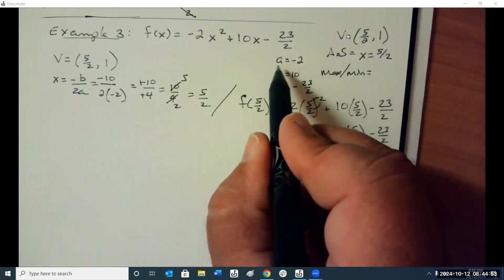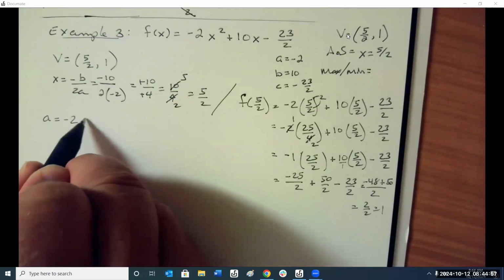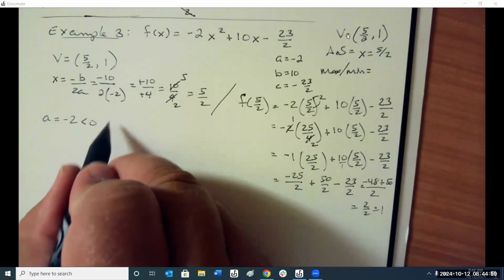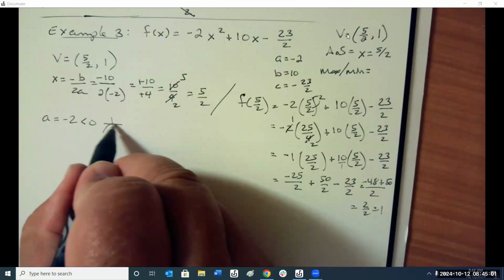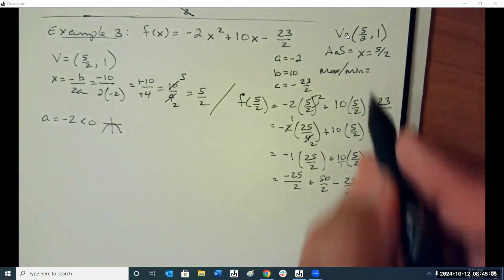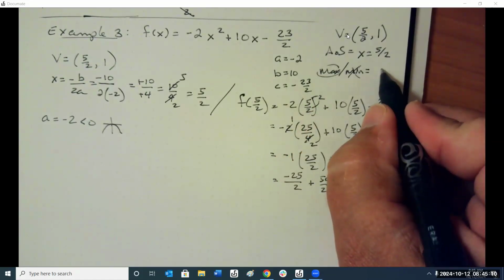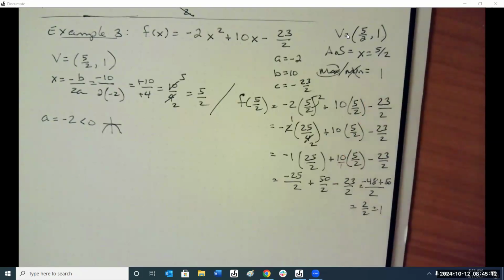Since a equals negative 2, and that's less than 0, we know our graph will open down. So we're going to have a maximum. Our maximum is at 1, the y value.